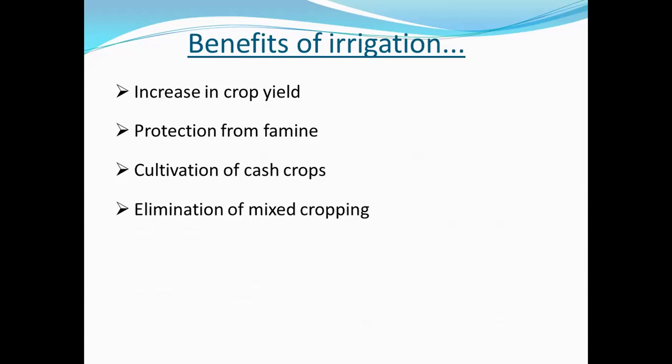Next is elimination of mixed cropping. If irrigation facilities are not available in such an area, the farmers have a tendency to adopt mixed farming. Now, what is the meaning of mixed farming? If the farmers grow two or more crops together in the same field, the main advantage of mixed cropping is that if the weather conditions are suitable for one of the crops, they may be suitable for the other, right?